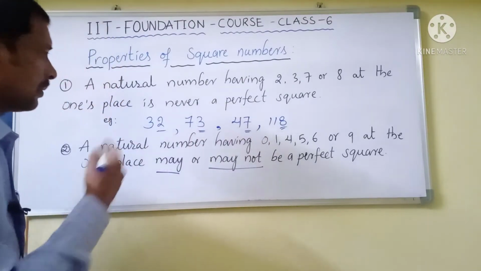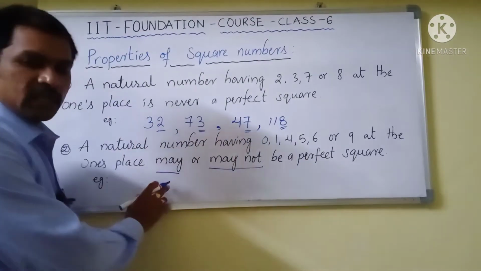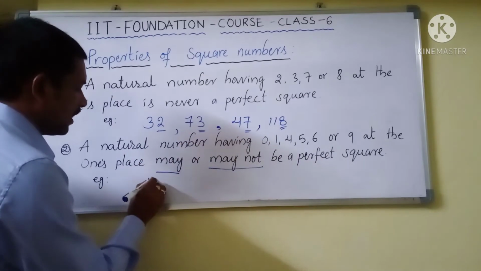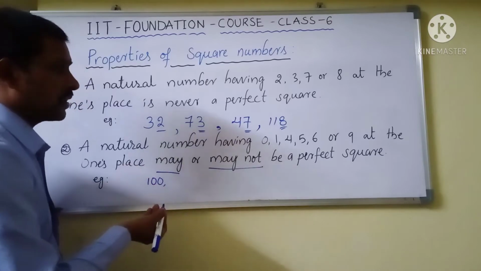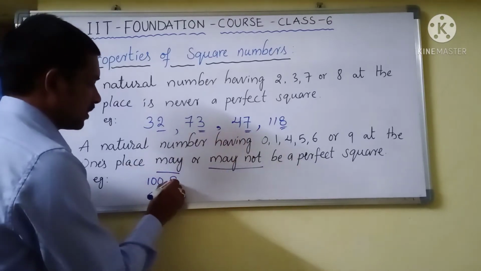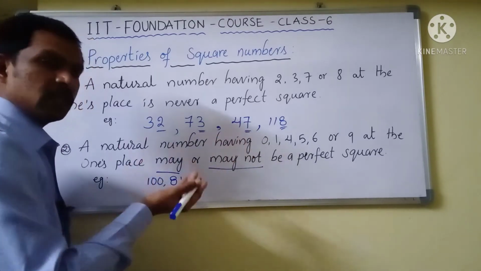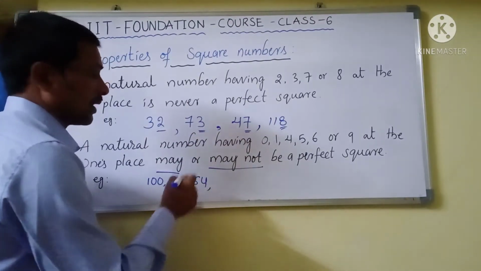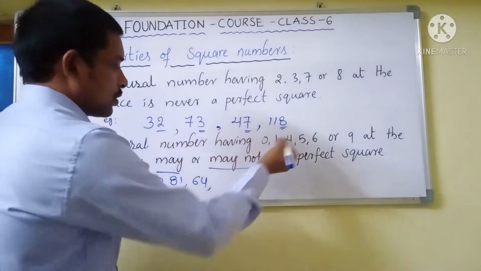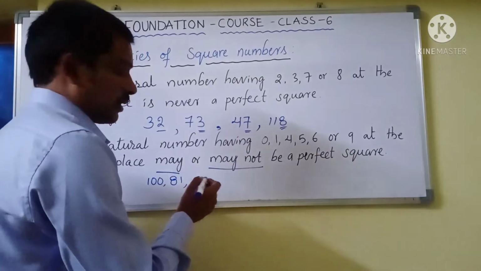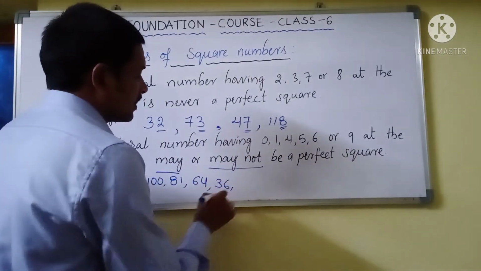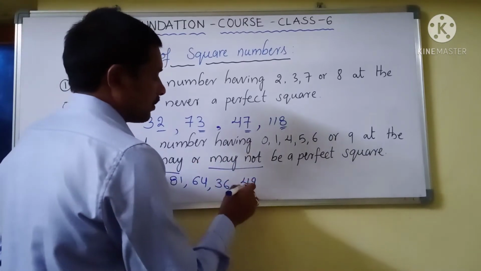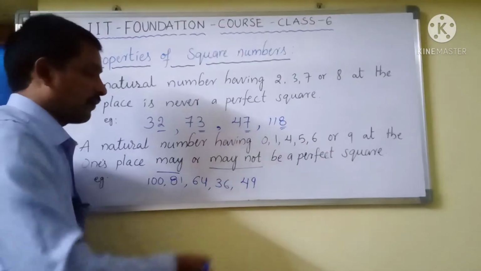For example, sometimes it is a perfect square. If I write 100, this is a perfect square. 81 is a perfect square. 64 is a perfect square. 36 is a perfect square. 49 is also a perfect square.